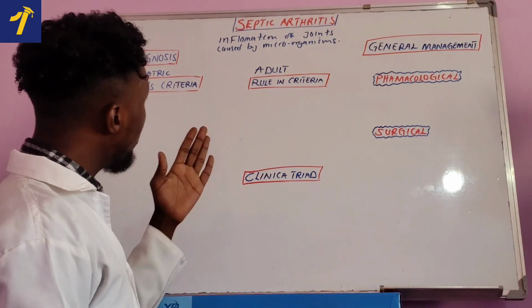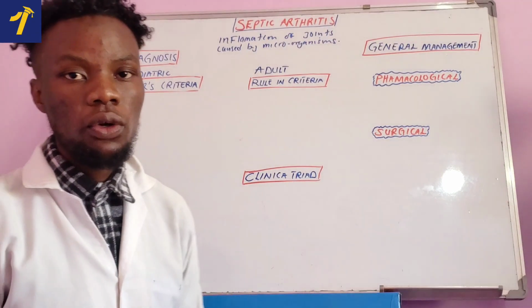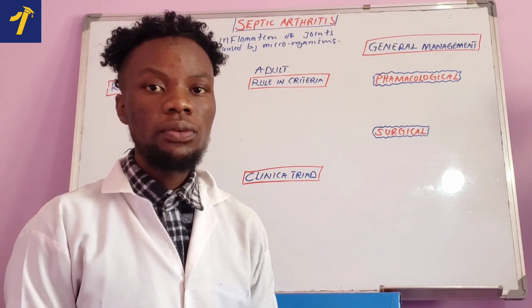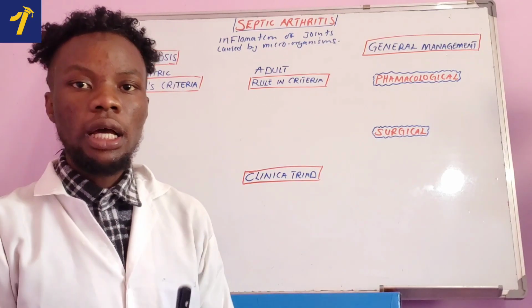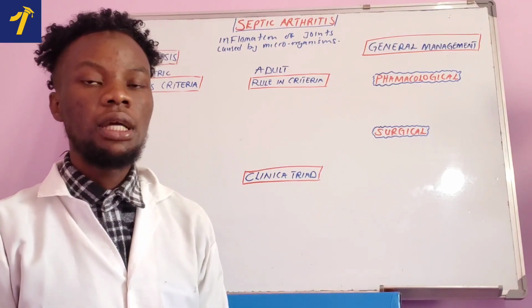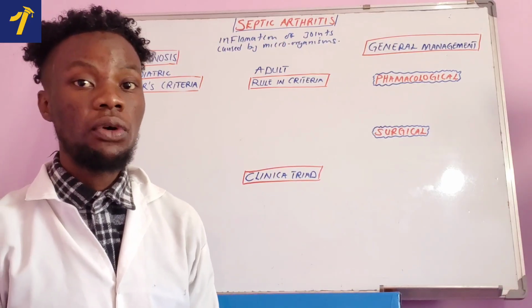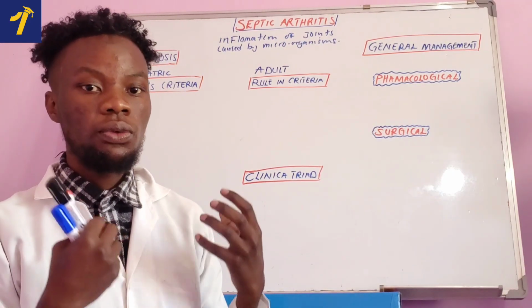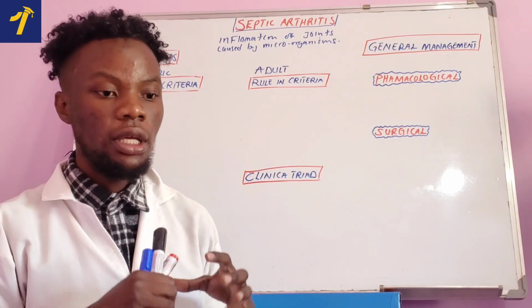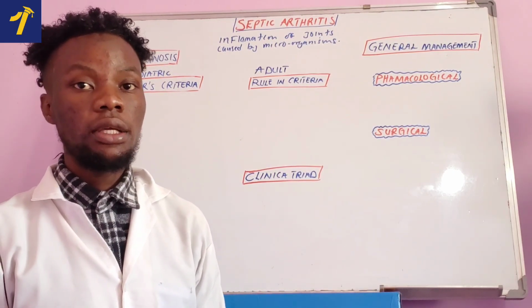Now, this is inflammation of a joint caused by microorganisms, but if you talk about the anatomy of the joint, remember to say the first structure that septic arthritis involves is the synovium, or the synovial membrane. That's where those microorganisms like to cause inflammation first, then it will start affecting the surrounding structures in the joint.